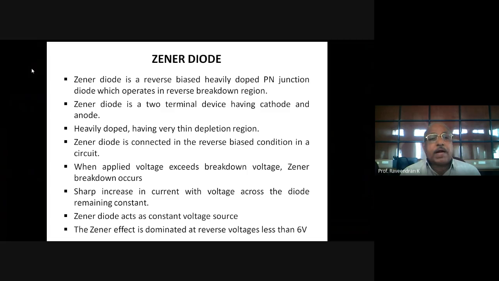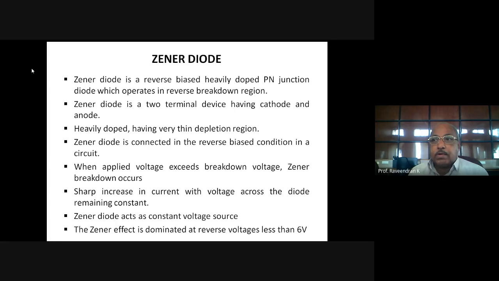When the applied voltage exceeds the breakdown voltage, Zener breakdown occurs. There is a sharp increase in current while the voltage across the diode remains constant. When Zener breakdown occurs for a reverse biased Zener diode, a very large reverse current flows through the junction with the voltage across the junction remaining constant.